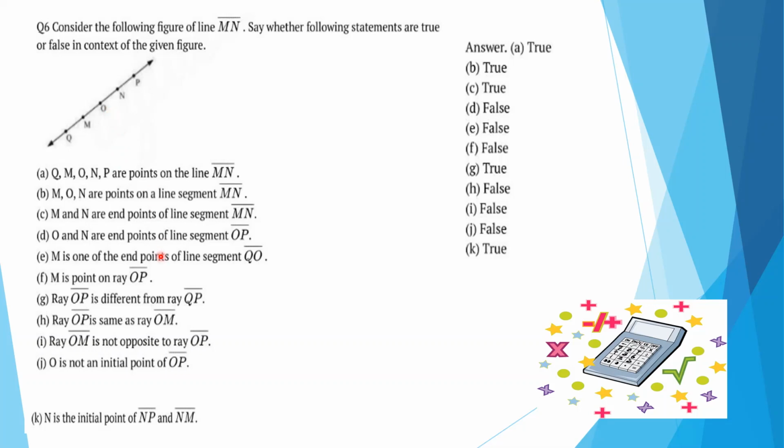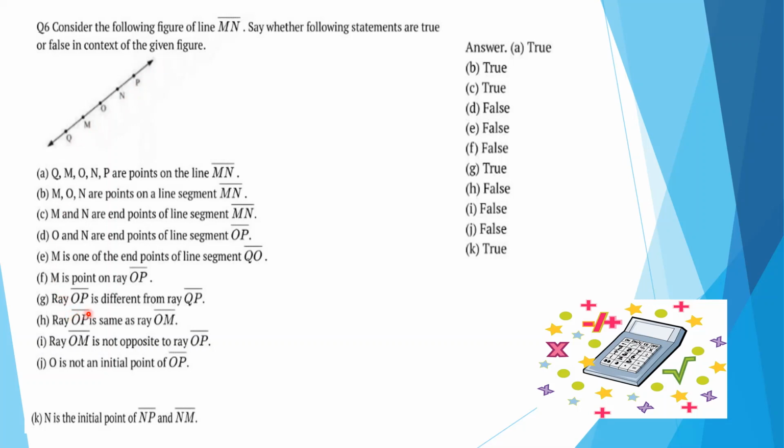So this statement becomes false. Ray OP is the same as ray QP. OP is this ray and QP is this ray. Here O is the fixed point, here Q is the fixed point, but they are moving towards P. So this statement becomes true.